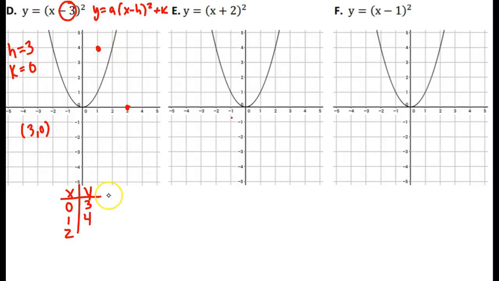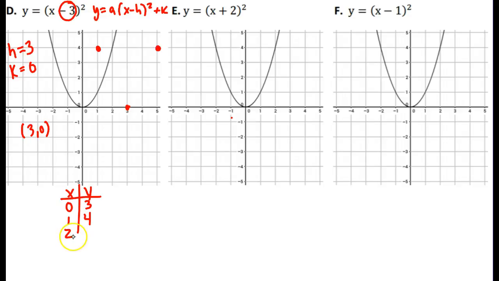Now, since your vertex has shifted, you are 2 units away here and you got out 4. I'm not going to pick negative 1 because that would be increasing even more when I go to the left. So I'm going to go 2 to the right, but then it's also going to be up 4. So that's actually a point 5 comma 4.